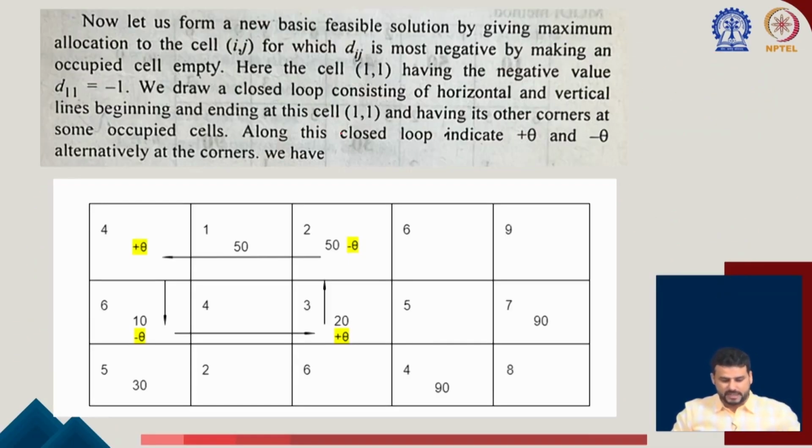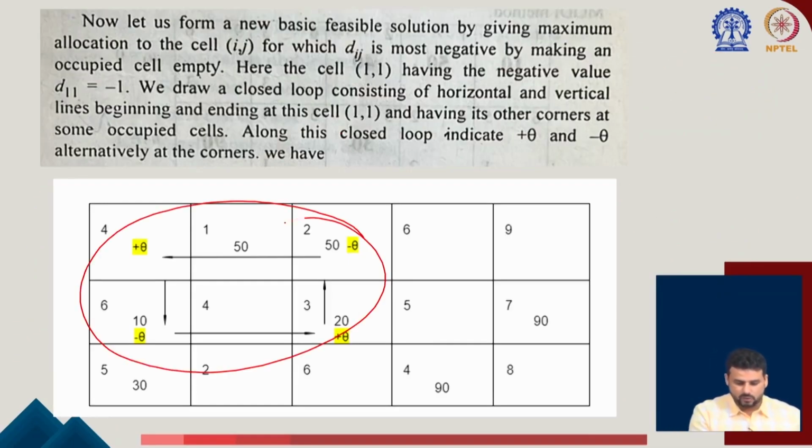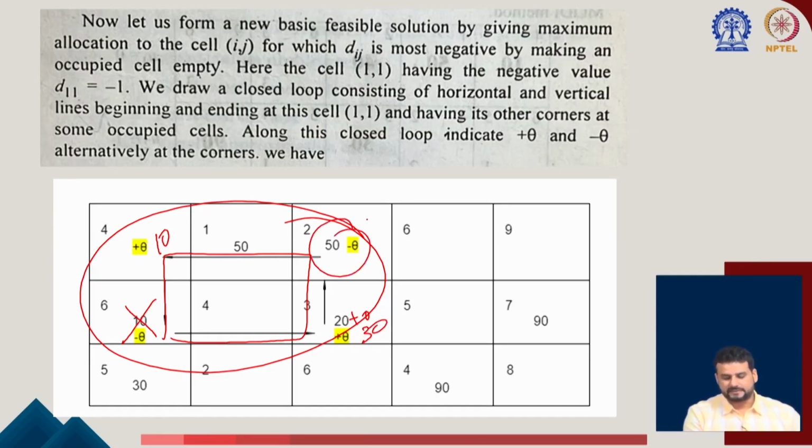So for the next allocation, you can see this is how the closed loop path is done. While adding 10 here, new allocation will be done, here it will be 0, here we will add 10, so 30 will be there, here we will subtract 10, 40 will be there. So in totality there is no change in the number of units, this you need to keep in mind.